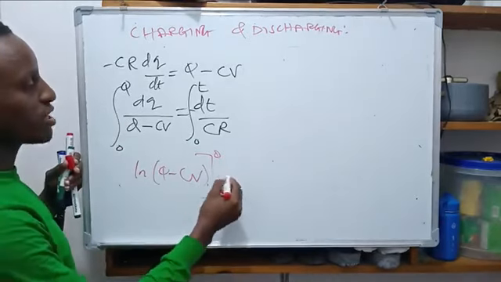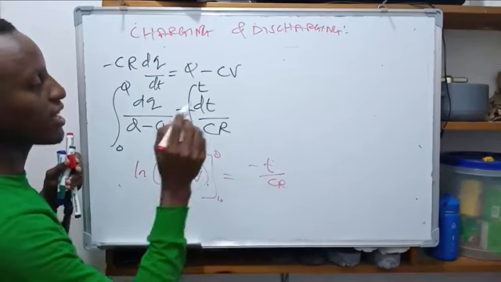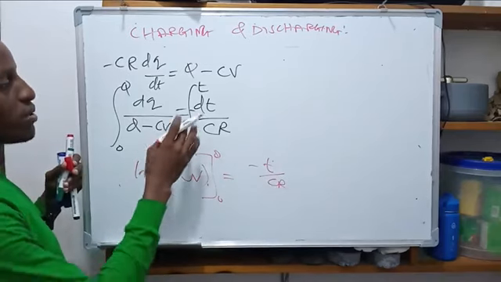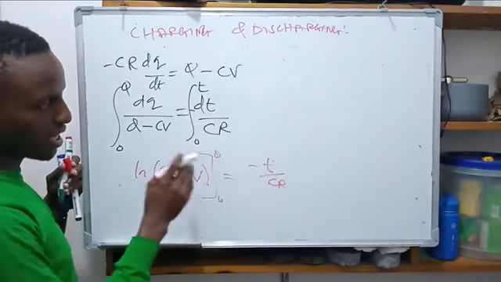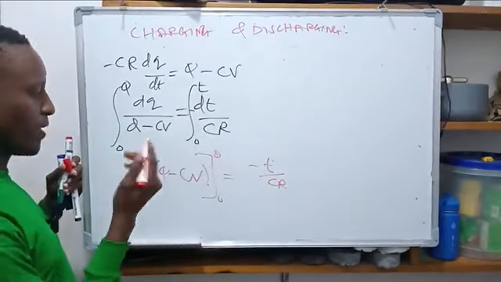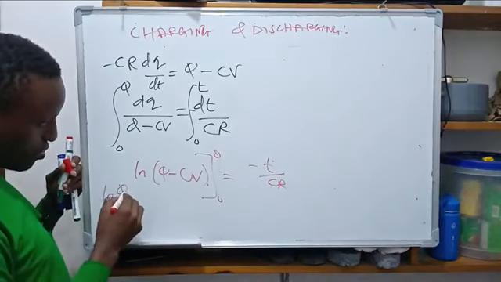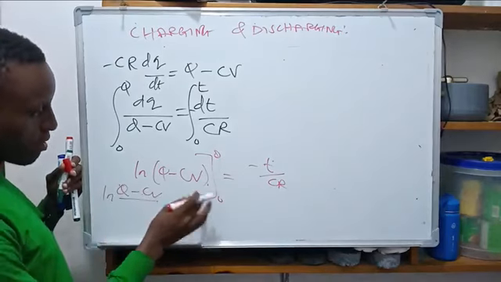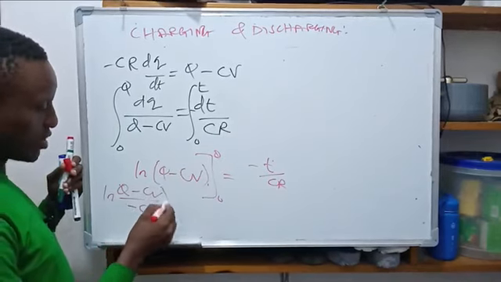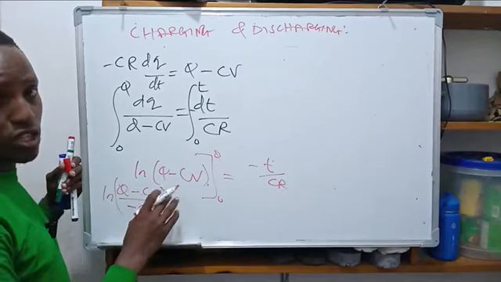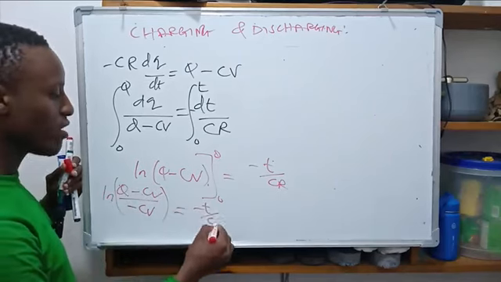Speaking about that, we'll have negative T over CR, because this one will be from 0 to T, so minus 0 is just negative T over CR. But this is ln of Q minus CV over 0 here, which becomes negative CV. Minus is just division in terms of ln, the natural logarithm, so that is negative T over CR.